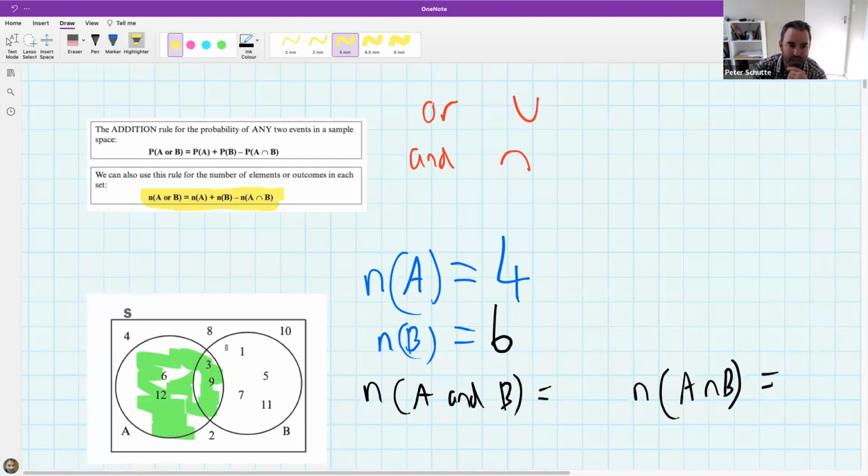If you're in B, it would be all of these ones. How many items have two colors over them? To me, the only ones that are in A and B are those two items, so we'd say that the N of A and B is 2.